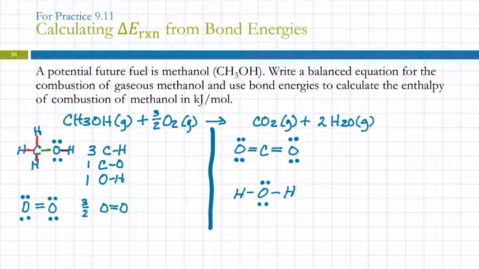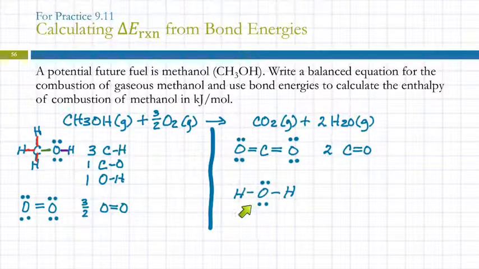Let's look at the products and what kinds of bonds are being formed. In carbon dioxide, I have 2 carbon-oxygen double bonds. And how many moles of carbon dioxide do I have? 1. So that means I have 2 moles of carbon-oxygen double bonds being formed.